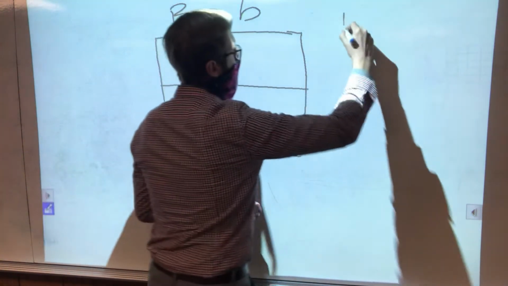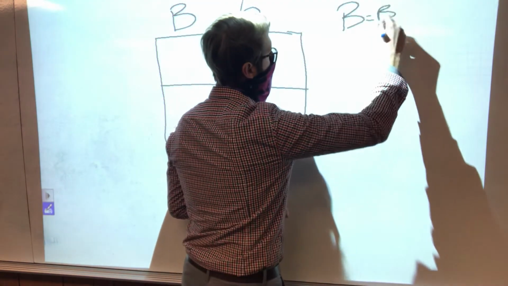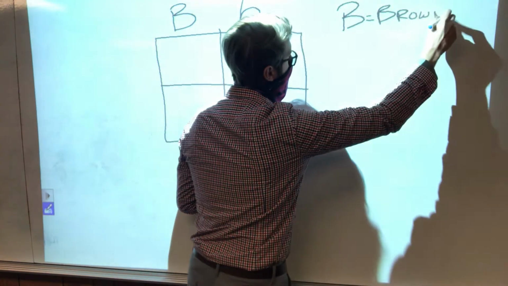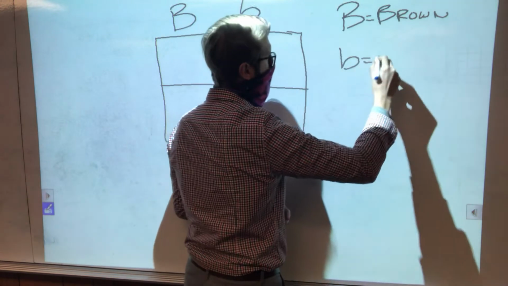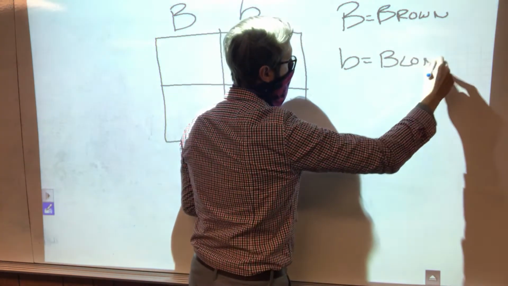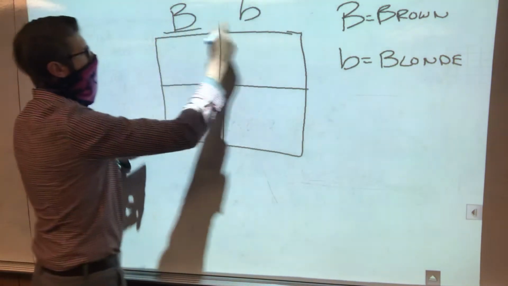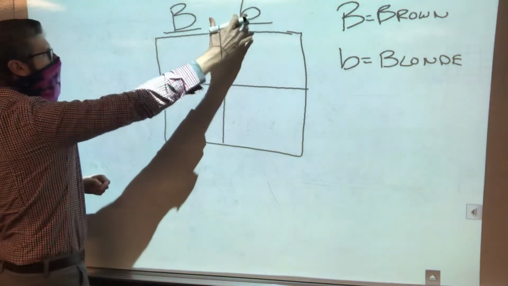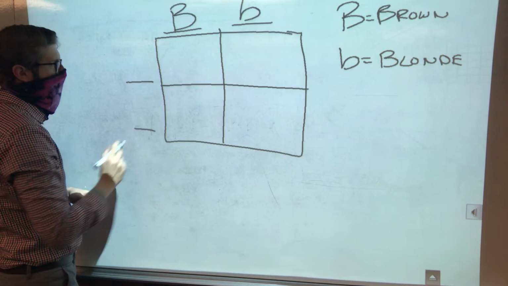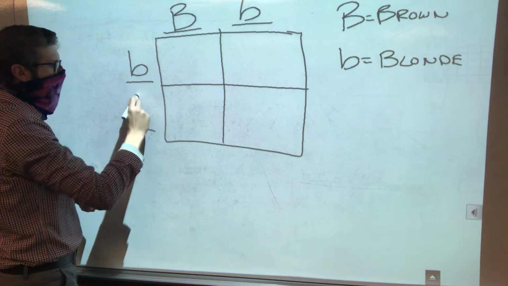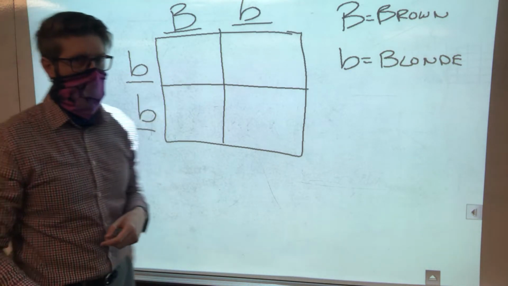Let's say big B is brown and little b is blonde. So this is parent number 1, big B, little b, and this is parent number 2 over here. Let's say that parent number 2 is actually blonde.